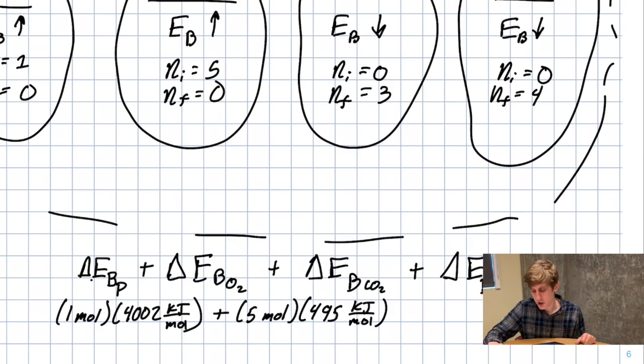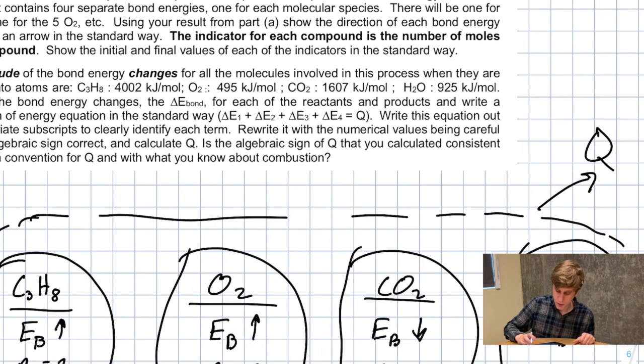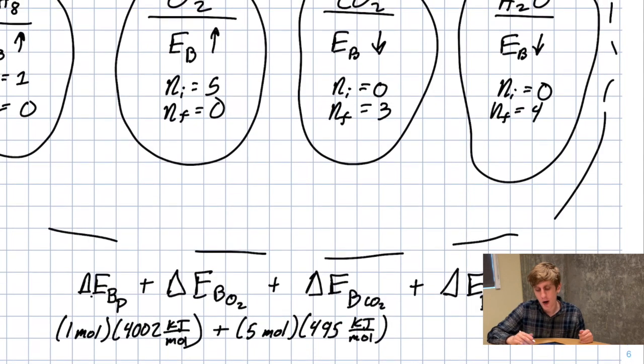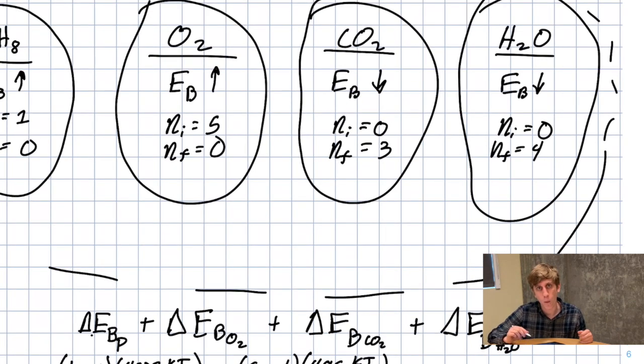Now we'll go on to the carbon dioxide and the water, but we have to be careful. Remember that these numbers in part C are only the magnitude of the changes. Just like with the bond energy system when we're talking about ice, for example, we have to include the positive or negative signs manually. We know that the bond energy systems are decreasing for the carbon dioxide and the water.